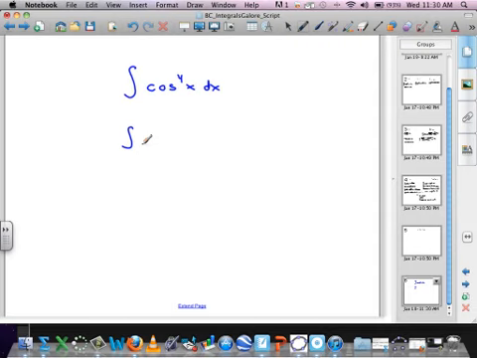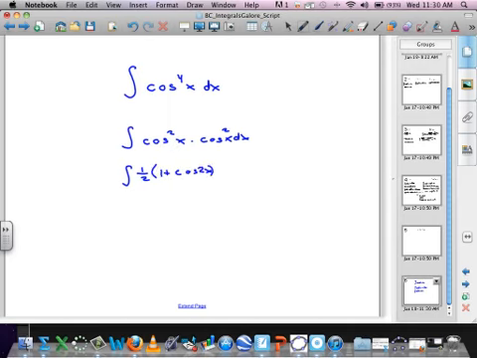And the trick to this one is to split it up this way: cosine squared x times cosine squared x. And then we need to use the half angle identities on each of those. So let's review. That's 1/2 (1 plus cosine 2x).